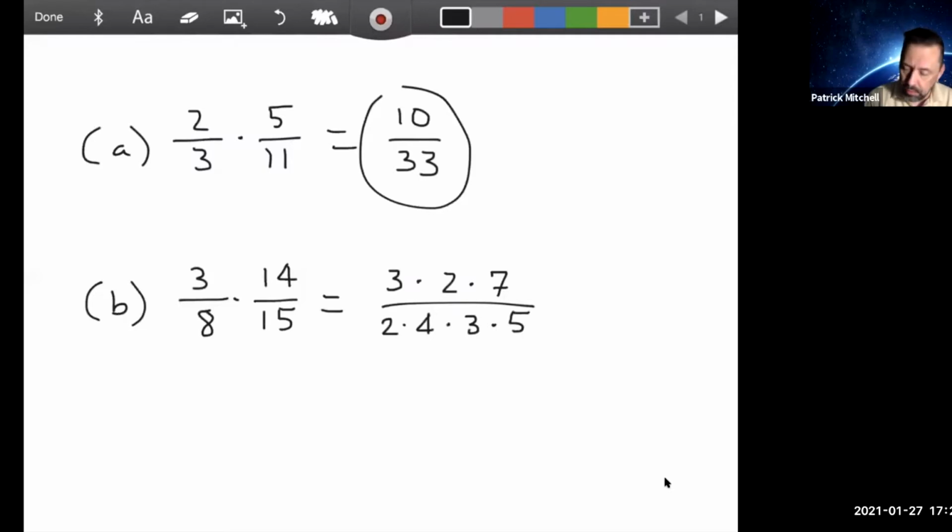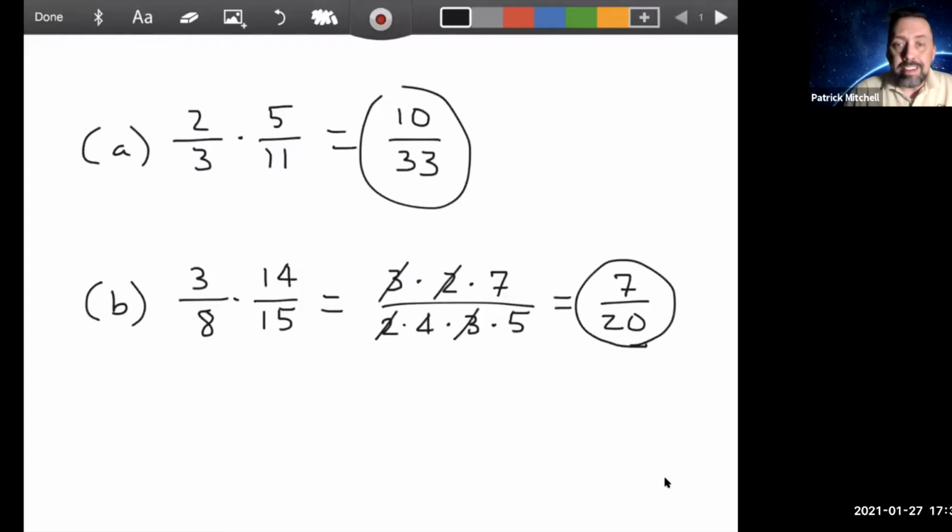And then I can get rid of those 3's on the top and the bottom. I can get rid of the 2 on the top and the bottom. And the answer in simplest form is 7/20. And I also want to point out that it's easier to do it that way than it is to multiply straight across first and get 42/120 and then sit there and try to figure out how to simplify 42/120. I think it's easier to simplify as you go along.